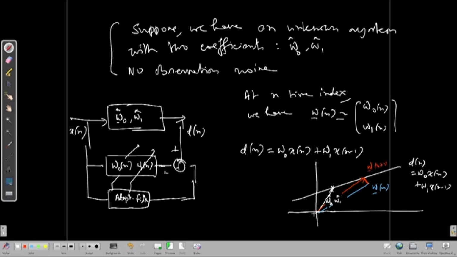Okay, next clock. See, this is now on this line, this is satisfying this. But in the very next clock, I have the n plus 1th clock.